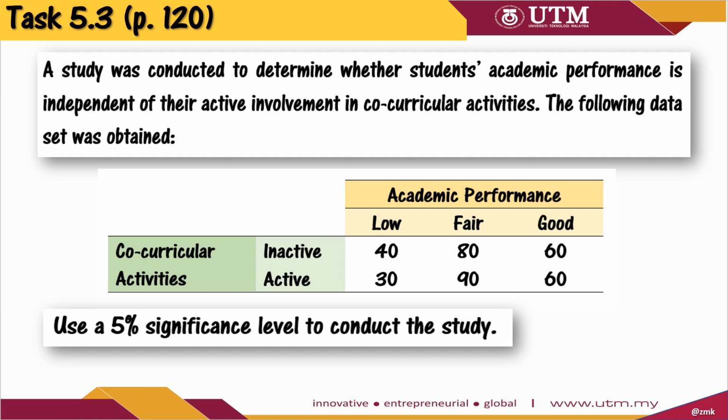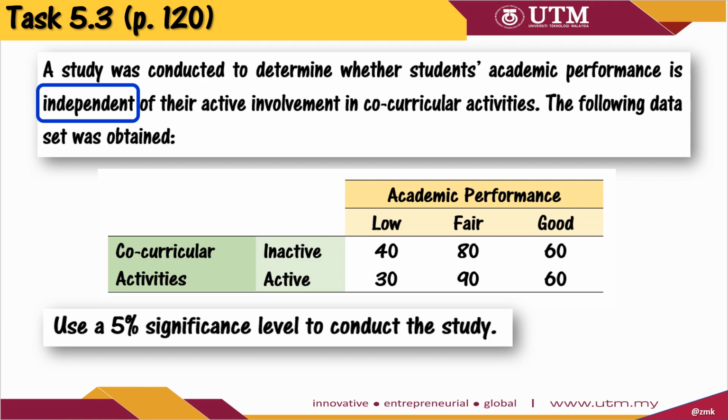The aim of the question is to determine whether the student's academic performance, which is the column variable, is independent of the student's active involvement in co-curricular activities, which is the row variable. A very straightforward keyword here. You should perform an independence test.